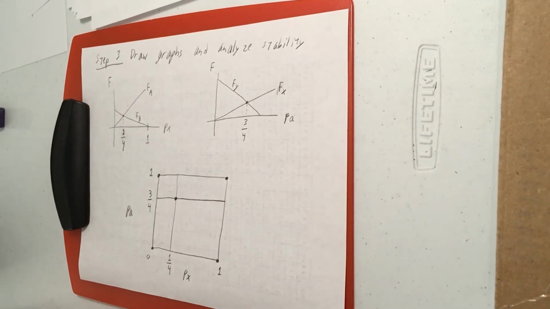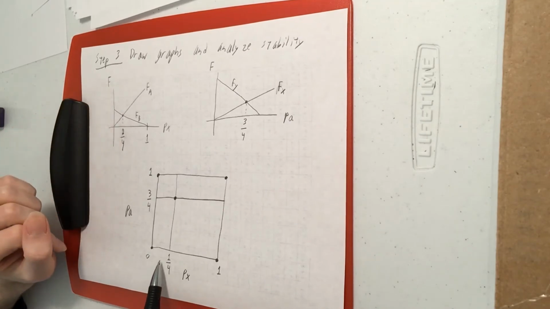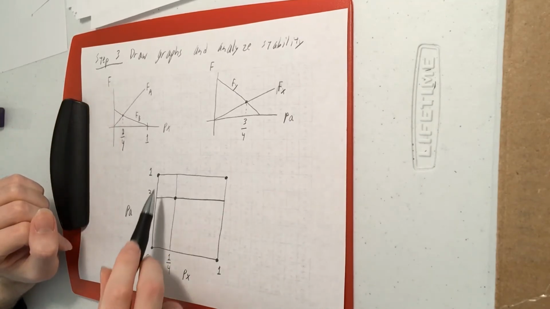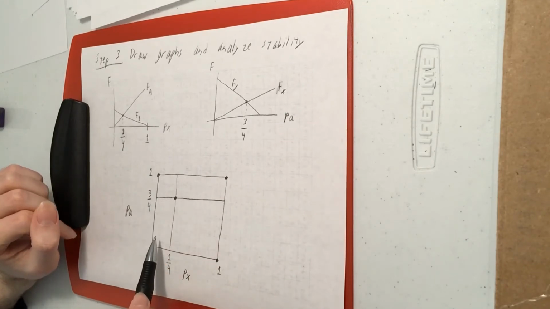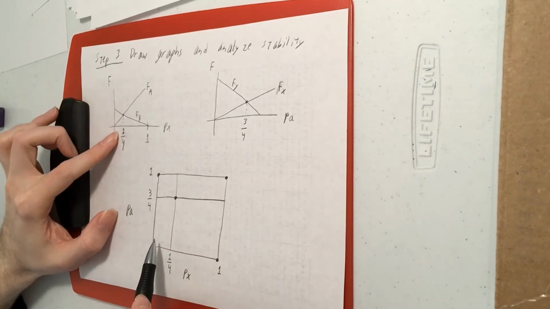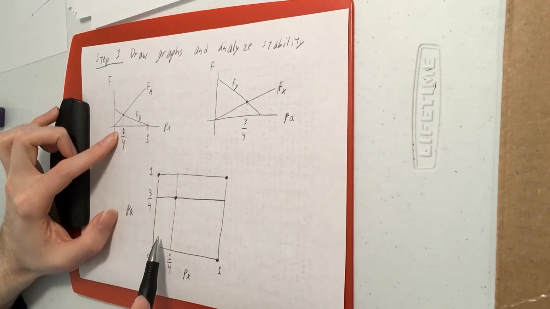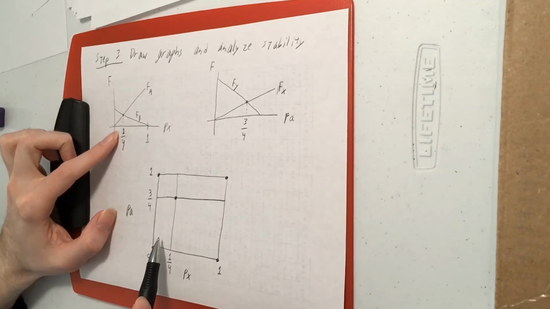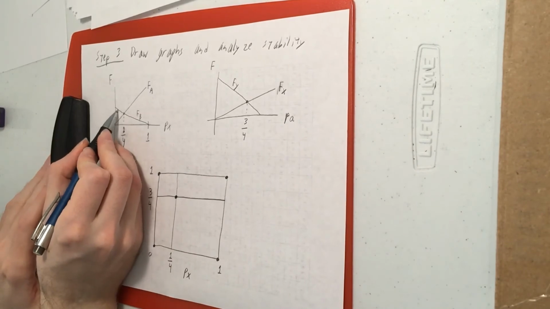So let's say that px is below 1/4, looking at this side of the box. When px is below 1/4, we go to this graph over here. That tells us that when px is between 0 and 1/4, then the B types are fitter.